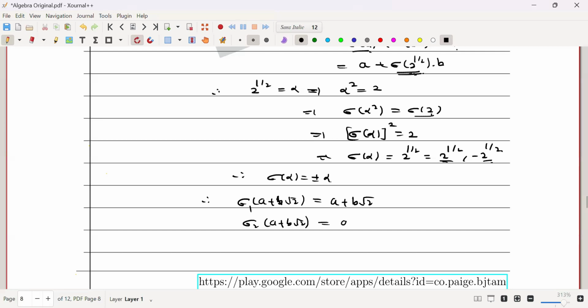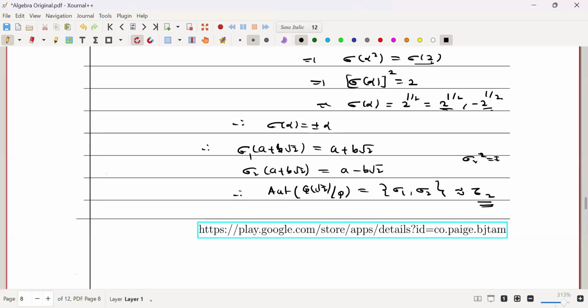So therefore these two are the automorphisms of Q root 2 over Q, equal to sigma 1 and sigma 2. So sigma 2 square equals the identity. So therefore this is a group of order 2, which is isomorphic to Z2.